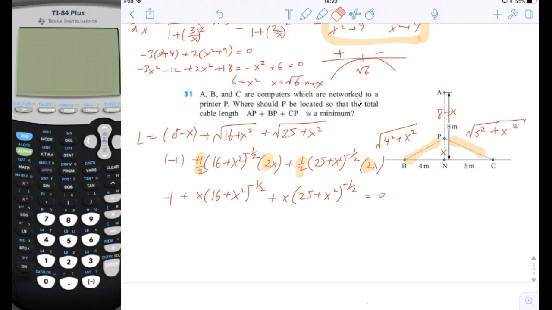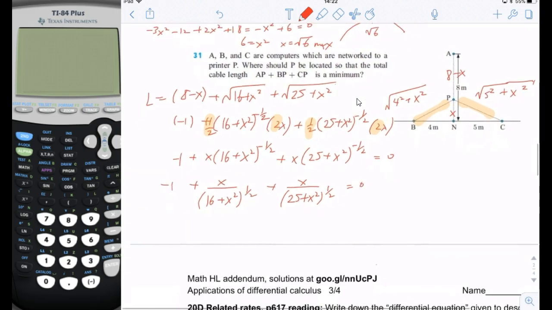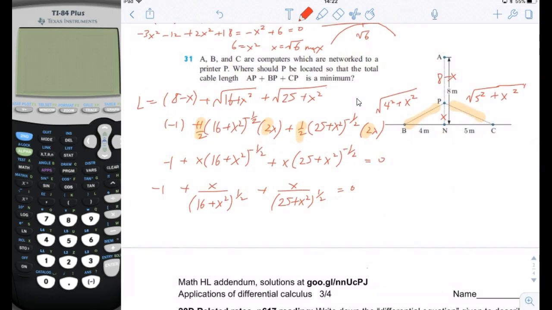So, in hopes that we might be able to solve this without using a graphing calculator, let's try to set the derivative equal to zero: negative x over (16 plus x squared)^(1/2) plus x over (25 plus x squared)^(1/2) equals 0. And now let's multiply everything by the denominators to get an expression with no fractions in it.